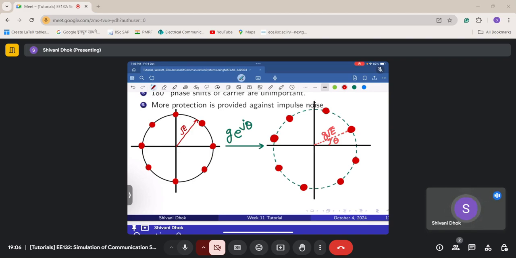So all of these points are shifted a little bit by an angle theta.